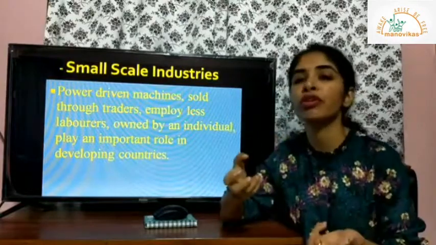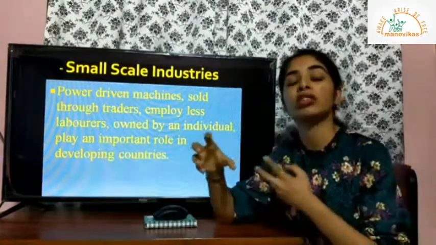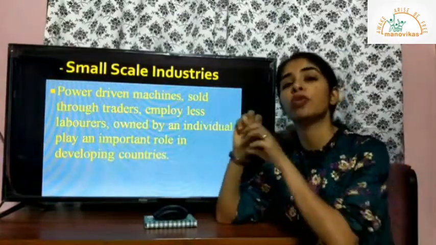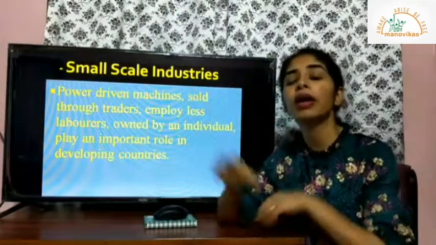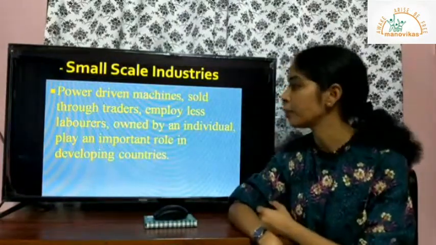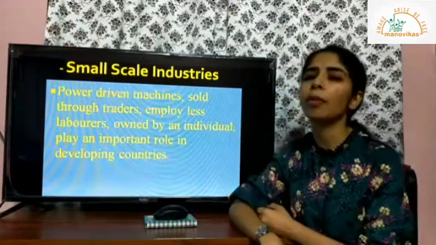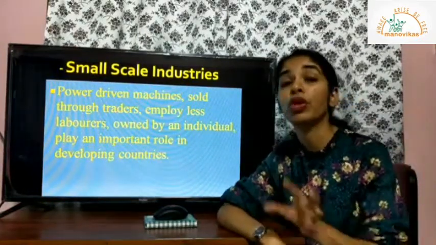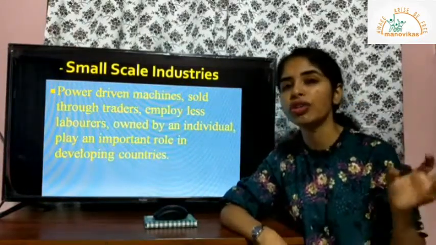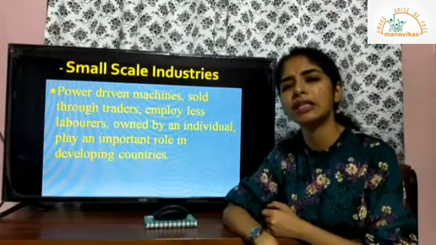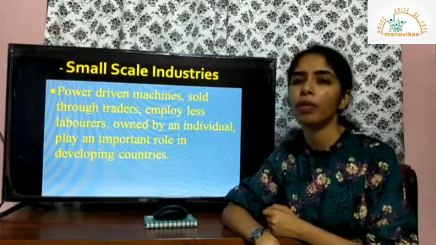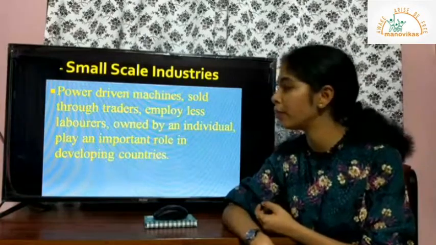Whatever products are produced, there are retailers, there are traders. So these products are sold through them, maybe in the national market. Okay, and fewer laborers are employed. Not as few as in cottage industries, but a significantly smaller number of laborers are employed. Maybe a few hundred laborers.